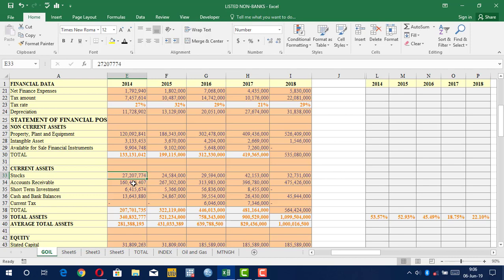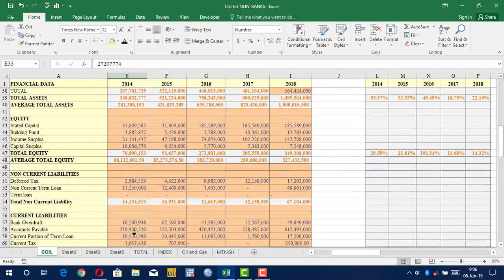Accounts receivable also take time before you can get your cash. Then we have short-term investments, and then cash and cash balances. The formula for the quick ratio, also known as the acid test ratio, says that to know how liquid the firm is, we should take out the stocks the company has at the end of the period.